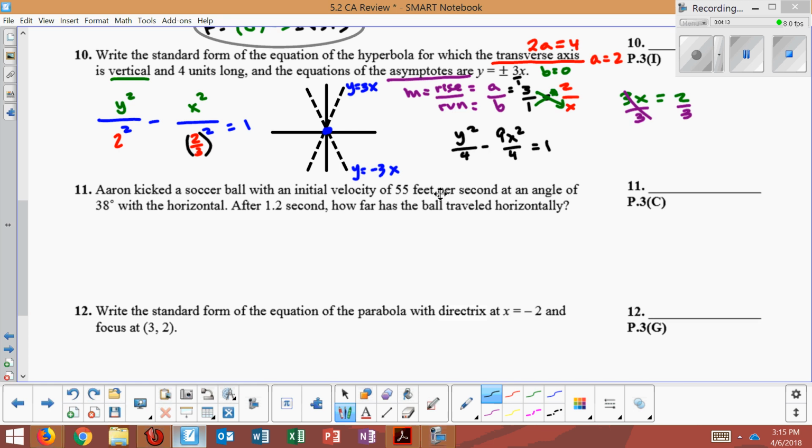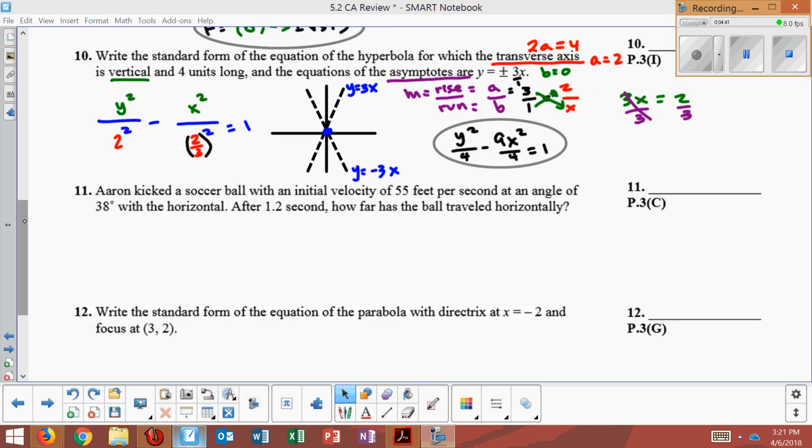So this is strange. You haven't seen it like that. I could write it that way. I wouldn't be too panicked if you actually wrote it like this, put it over 4/9. That's just not as proper math. So you set it equal to 1. You could write it that way, but the best way to actually write it would be to multiply that. And so we'd have 9x squared over 4 this way equals 1. This would be my equation here.